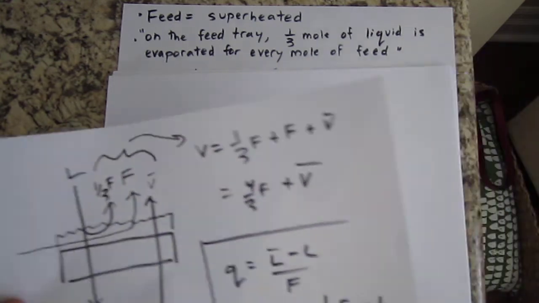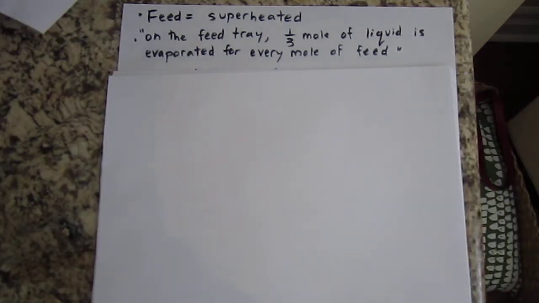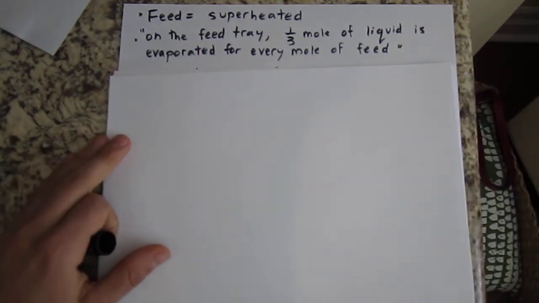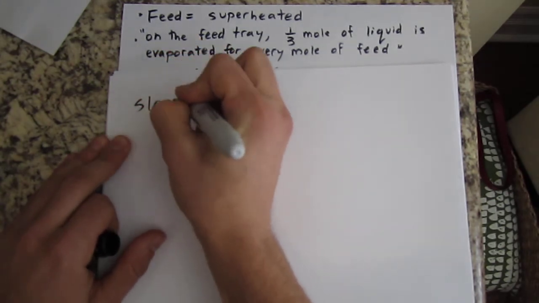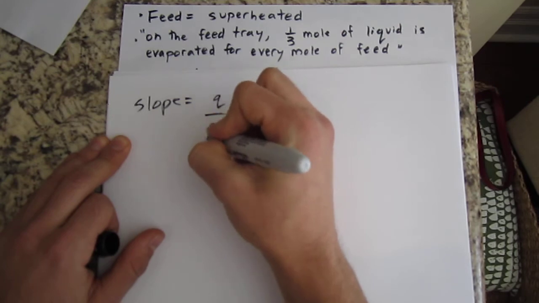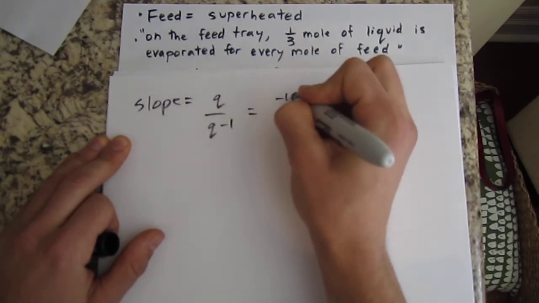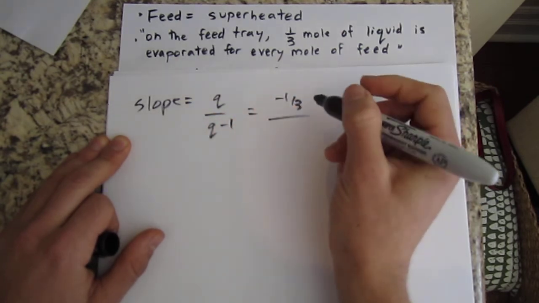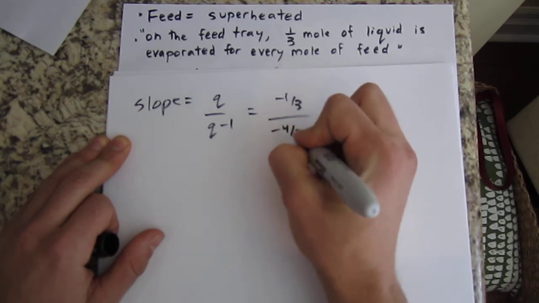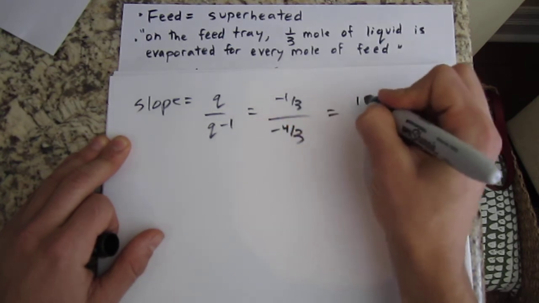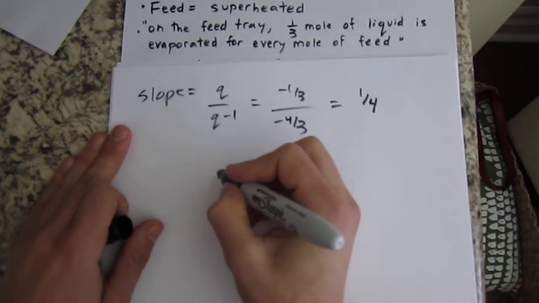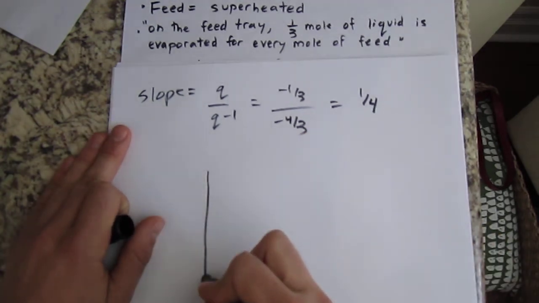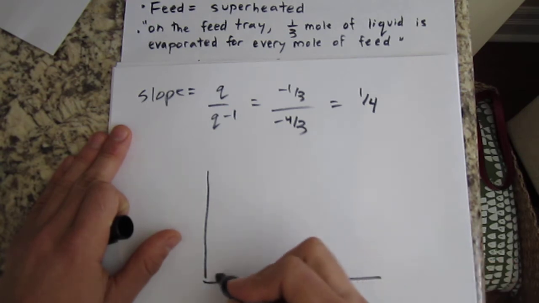And then when you're drawing the Q line, the value for Q is different than the slope of the Q line, because the slope is Q over Q minus 1, which is minus 1/3 over minus 4/3, which is 1/4. And then to draw it, I'll do a quick drawing here.